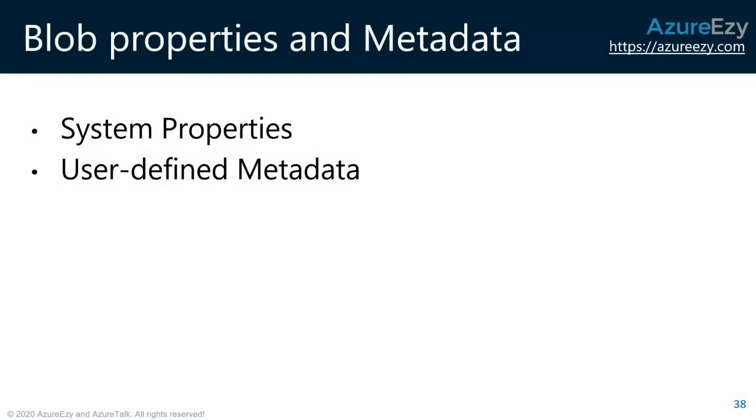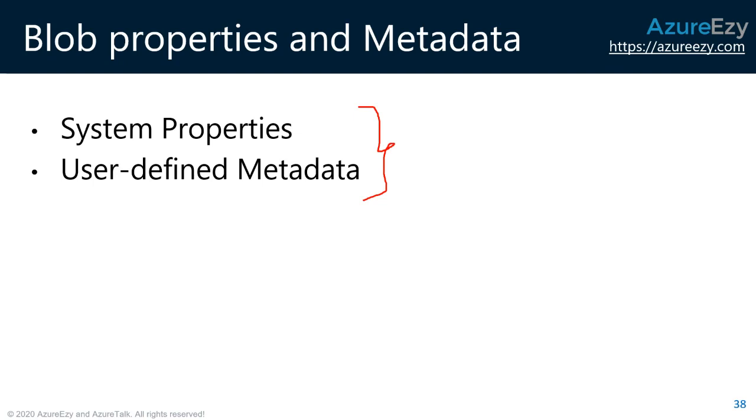And blob containers support system properties and user-defined metadata in addition to the data they contain. So these are two additional things. What are system properties? System properties exist on each blob storage resource. Some of them can be read or set, while others are read only. Under the covers, some system properties correspond to certain standard HTTP headers.